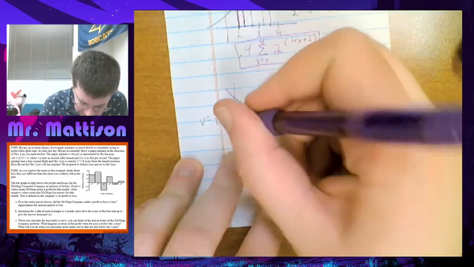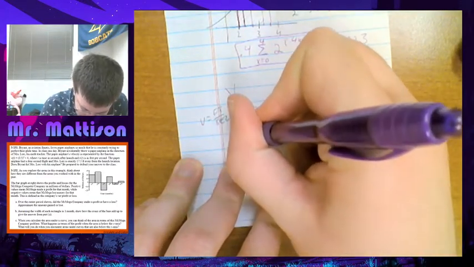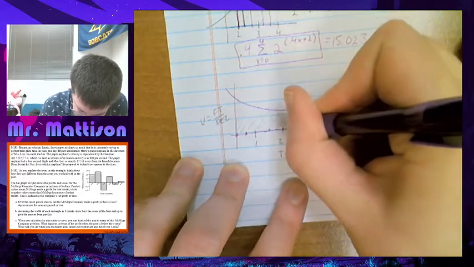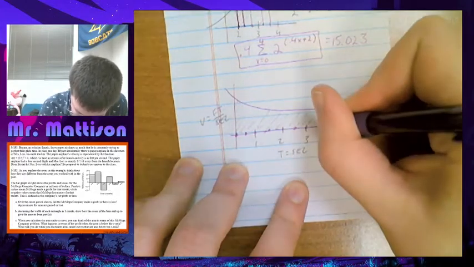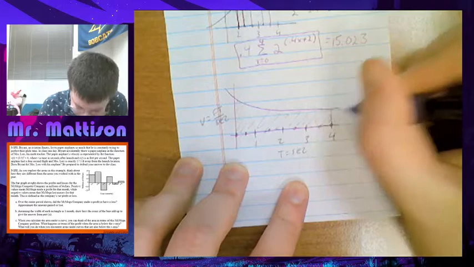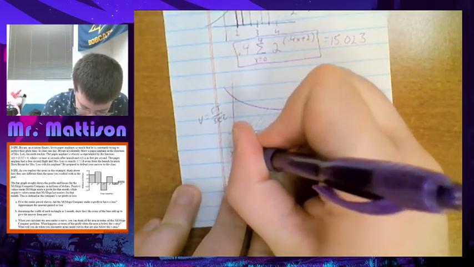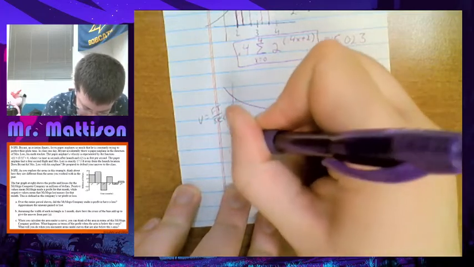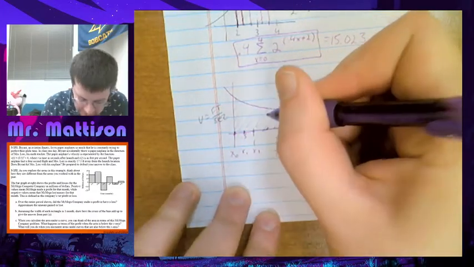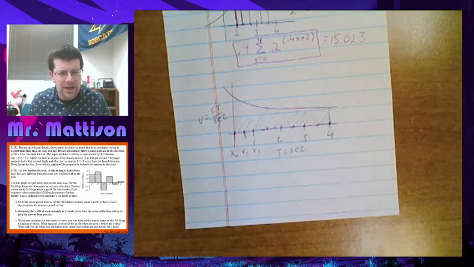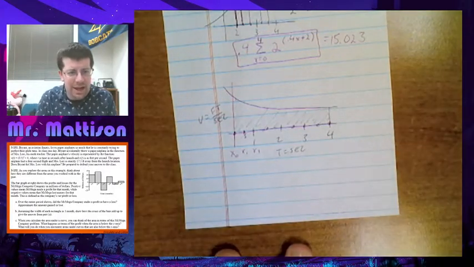So we'll do 0, and then we have 0.5, then 1, then 1.5, then 2, then 2.5, then 3, then 3.5, and then 4. All right, so here's my x naught, x1, x2, etc. This is 0.5. I don't need to label all of them because I just need to get the idea of how those are being spaced apart.